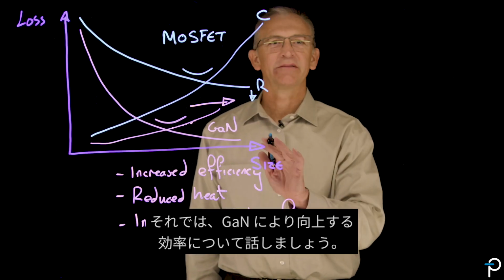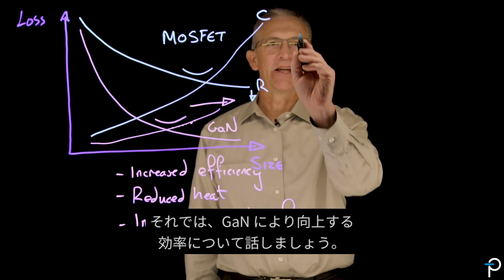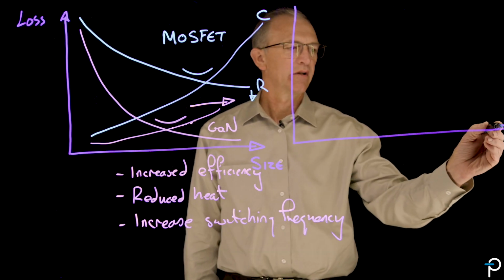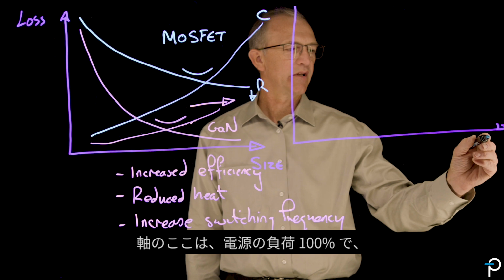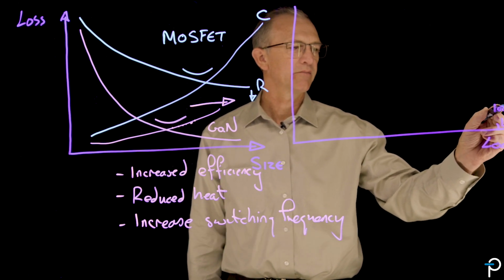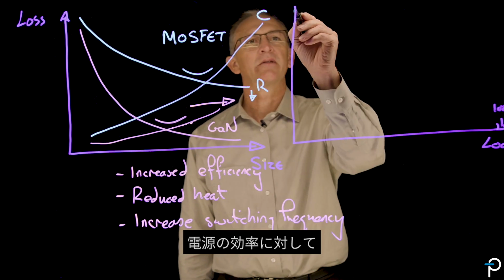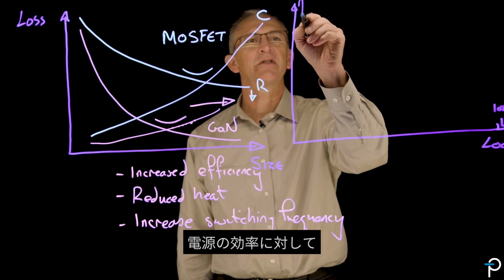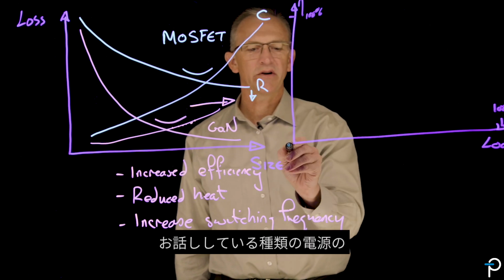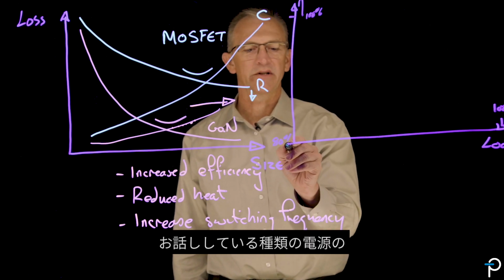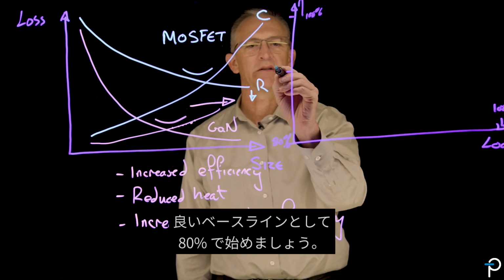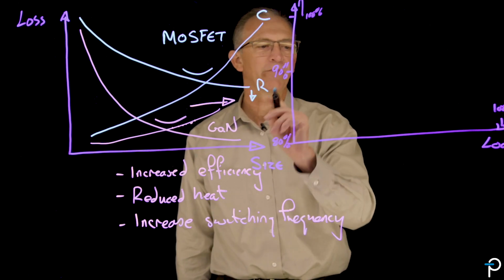Okay, let's talk about increased efficiency due to GaN. I'm going to draw an axis here. This axis here is the load on the power supply, 100%. And I'm going to set that against the efficiency of the power supply. So up here we have 100%, but let's start at 80% because that's a good baseline for the kinds of power supplies we're talking about, and there's my 90% point.